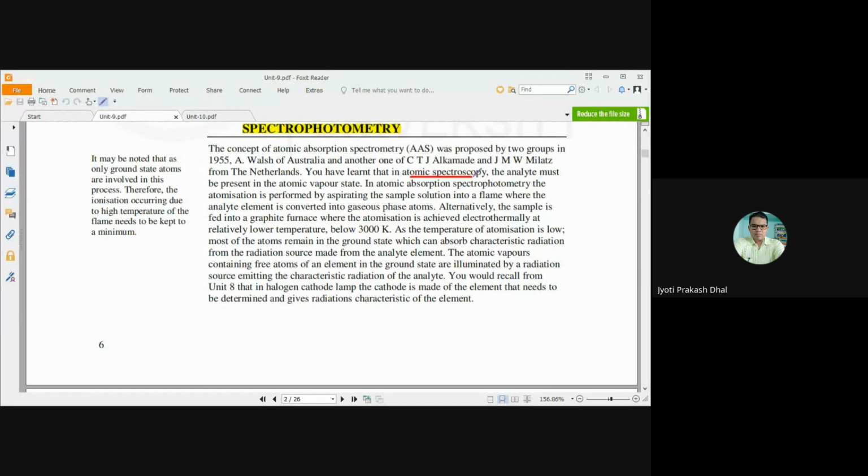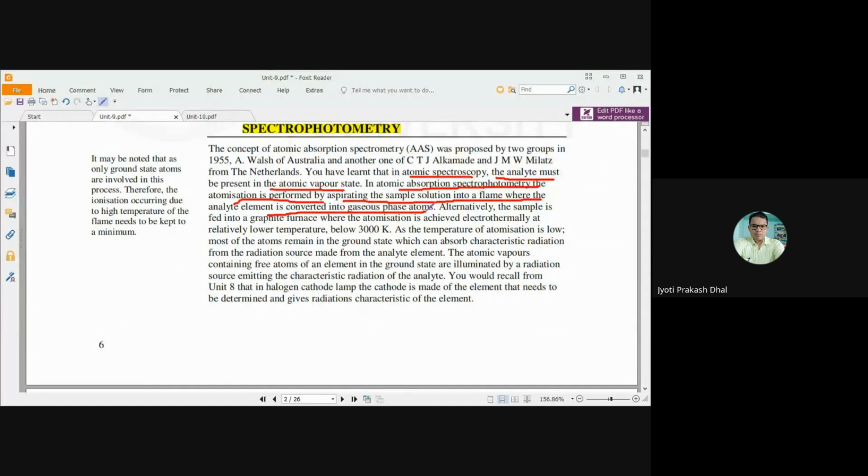In atomic spectrometry, we know that the analyte must be present in the atomic vapor state. In atomic absorption spectrometry, the atomization is performed by aspirating the sample solution into a flame, where the analyte is converted into gaseous phase atoms.